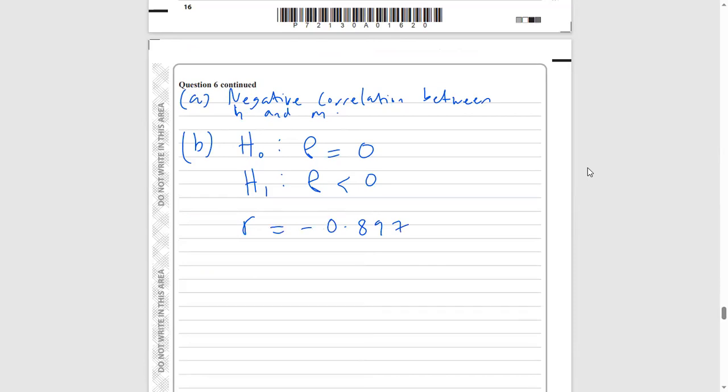So negative 0.897. And again, the key thing is we use Greek letters in the hypotheses because these are theoretical correlation coefficients. So we use Greek letters for theoretical numbers that we don't know. But when we collect data and actually use formulas, we use these Latin letters. So for example, when you do a normal distribution hypothesis test, you use mu, don't you?